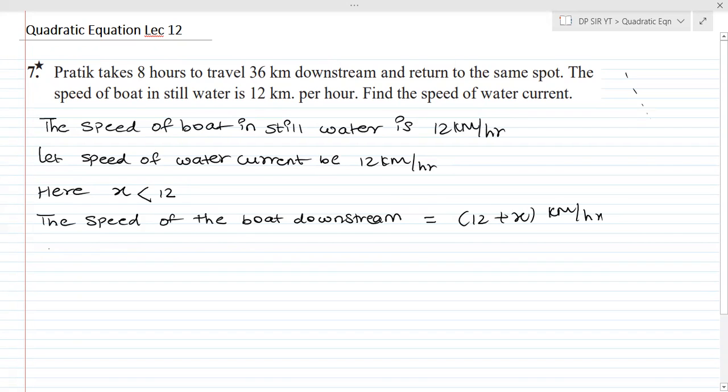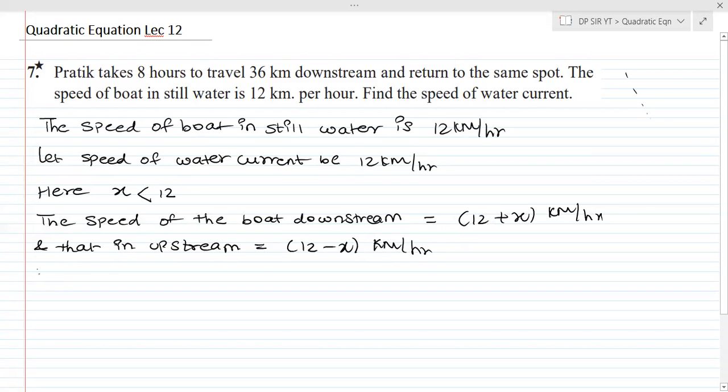And the speed in upstream would be 12 minus x kilometers per hour.